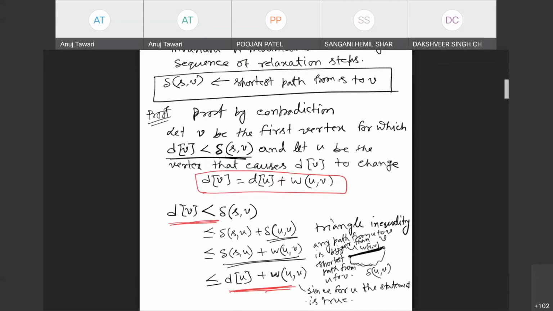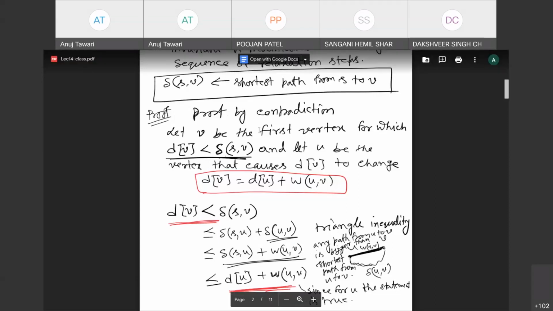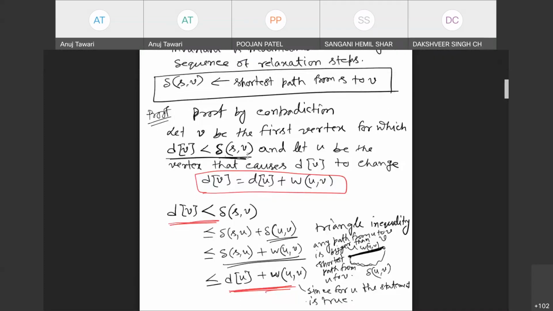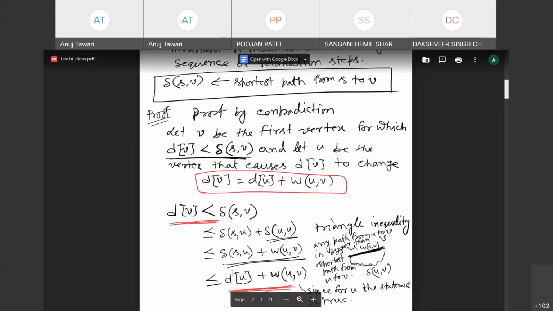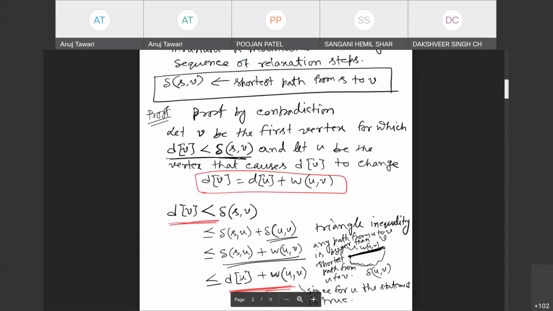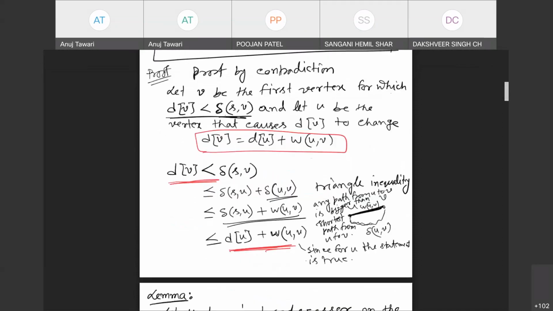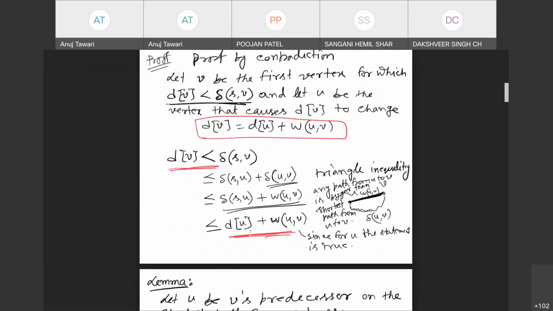Since we assume that V is the first vertex for which dV is less than delta SV, we'll assume that all other vertices have du equal to delta SV. So this delta SU, you can replace it as du, and this just remains plus WUV.